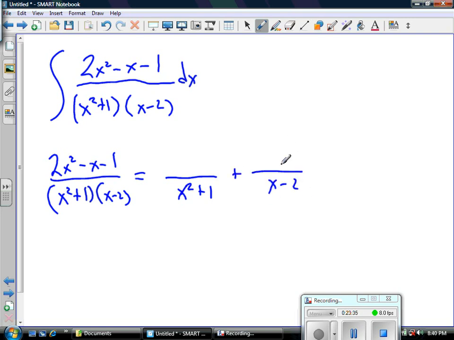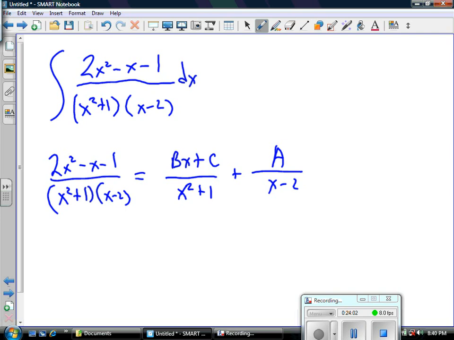Now remember, this is first degree, so the numerator has to be one less, degree 0, just a constant. But careful, this is second degree, so the numerator has to be first degree. So now you have to figure out A, B, and C.